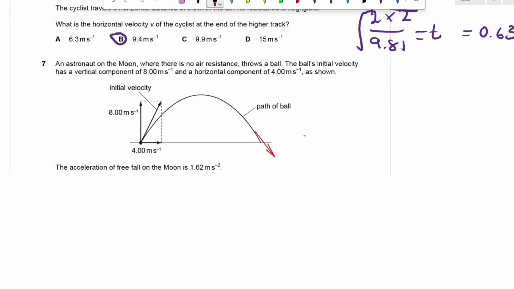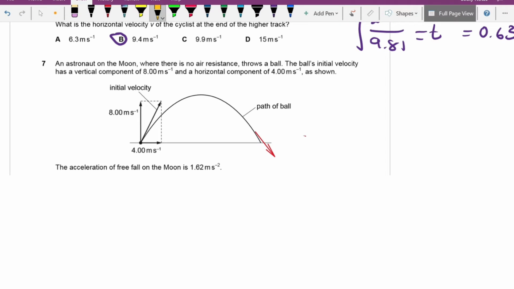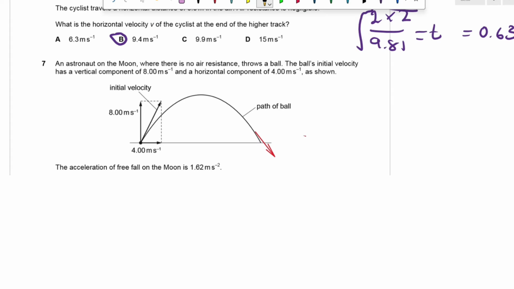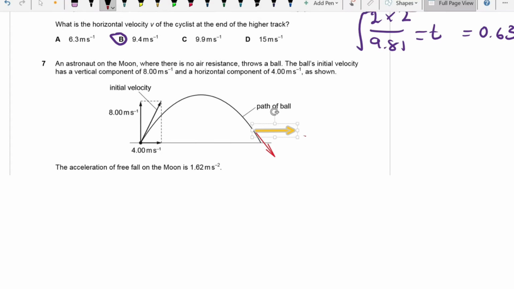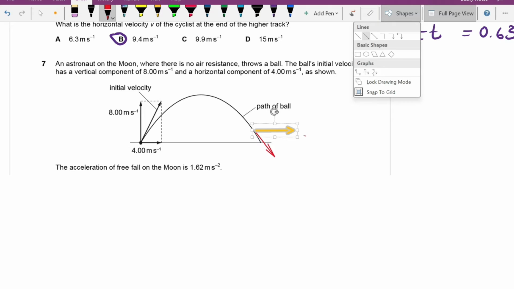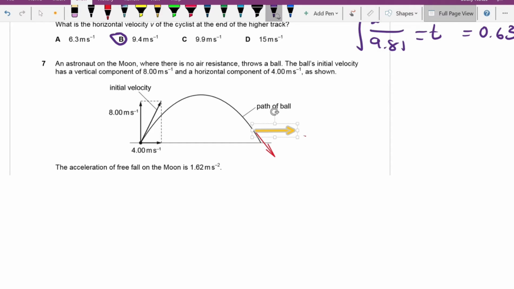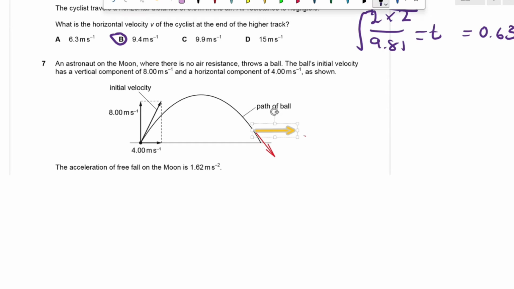But this speed consists of two directions. There's a direction in the x, like so, and it also has a direction in the y, like this. So you have a direction in the x and a direction in the y, and then this is our resultant vector.